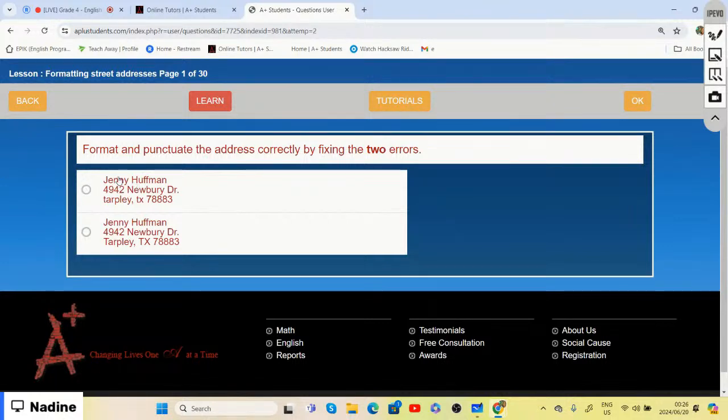Option one says Jenny Huffman, 4942 Newberry Drive, period. Then we have a lowercase Toppy TX 78883, or in the second option, we need to say which one is correct. So is option one correct or option two?